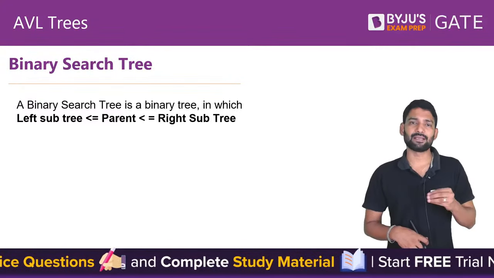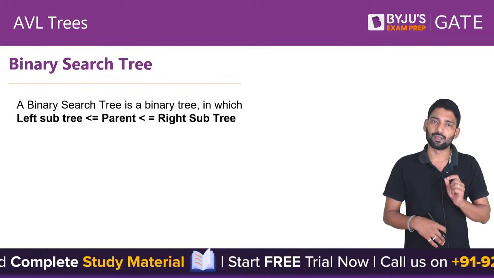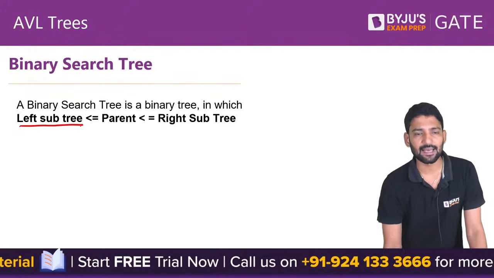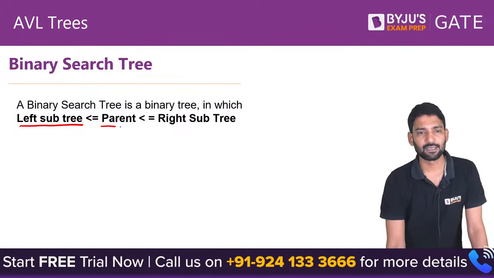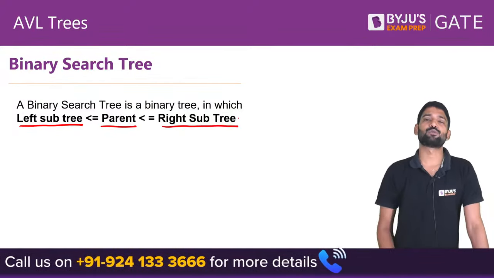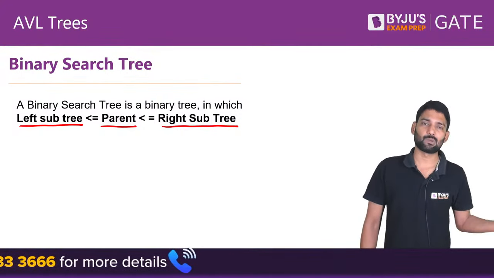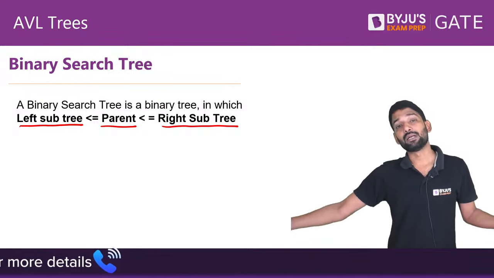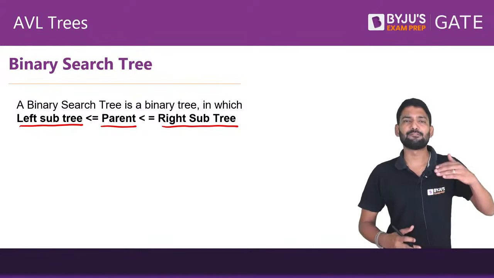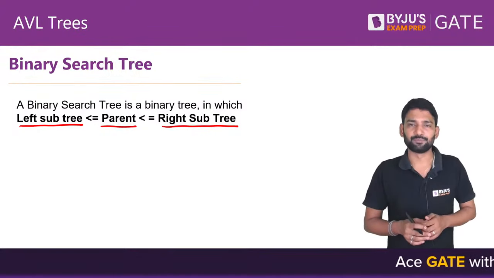A BST is a binary tree in which the left subtree is less than or equal to the parent and the right subtree is greater than or equal to the parent, at every level. That's why I am not using the term root.